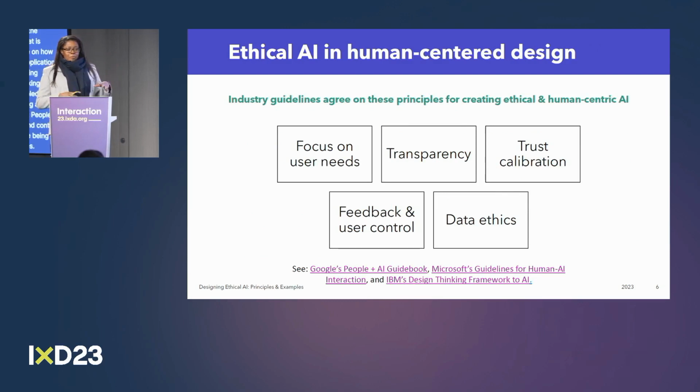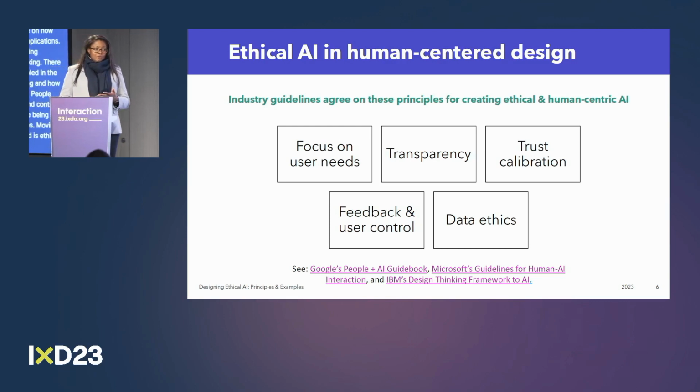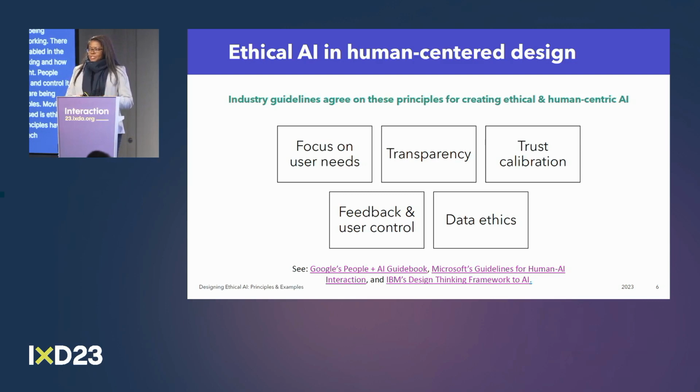So moving on from what the European Commission has proposed as ethical AI, I wanted to show you a summary of the principles that have been adopted in industry across major tech organizations, namely Google, Microsoft, and IBM. They have come together and defined what is human-centered AI.